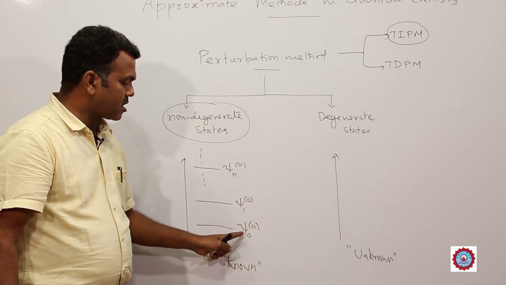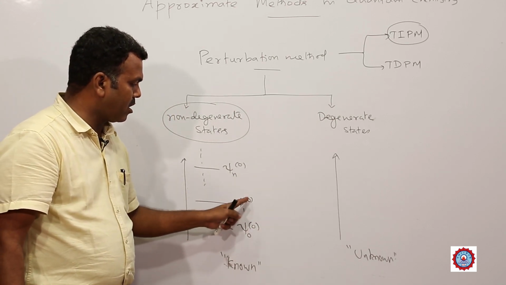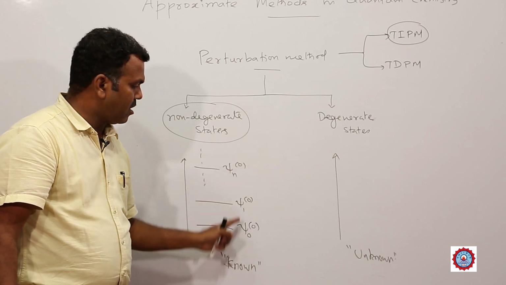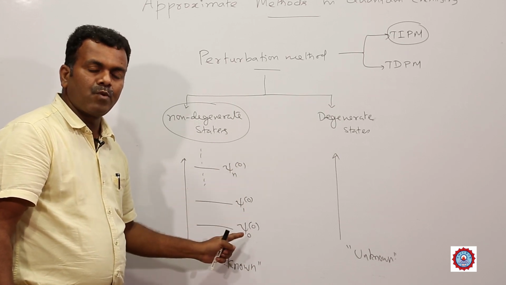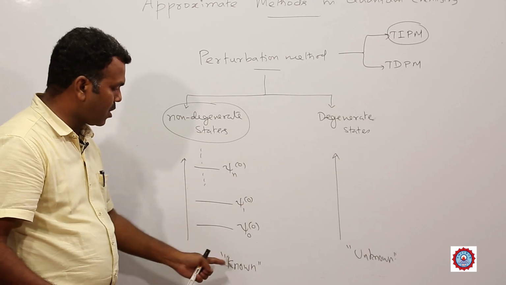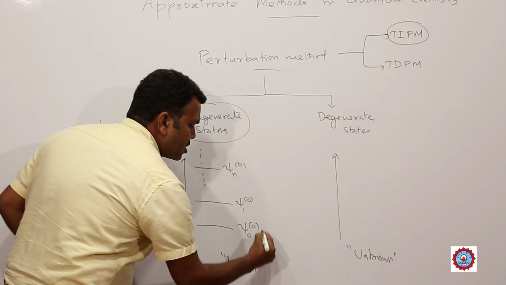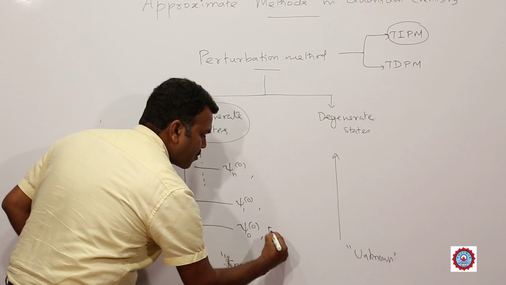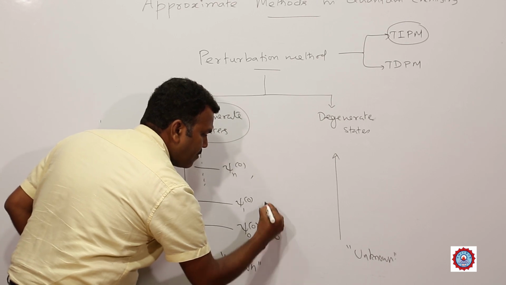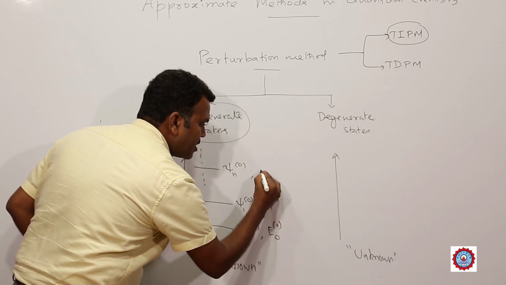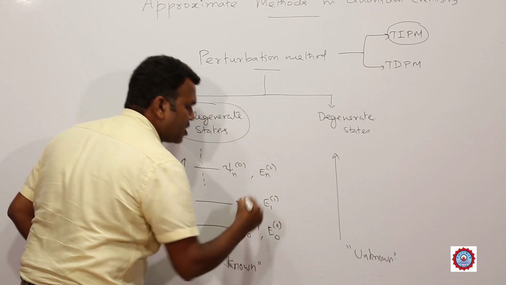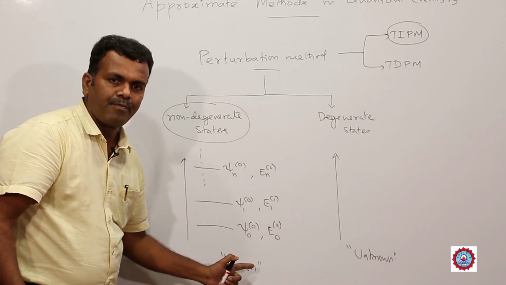So, this is psi naught naught, psi 1 naught, psi n naught. These are all wave functions whose solutions are already available, called the known system. And energies of the known system are also available: the energy for the ground state, for the first excited state, and for the nth state. So, these are all already known.